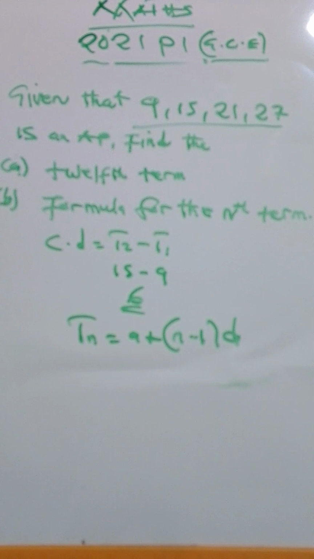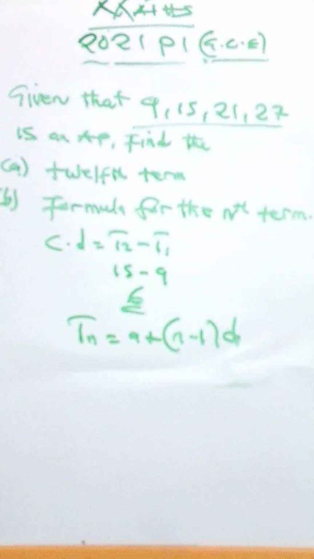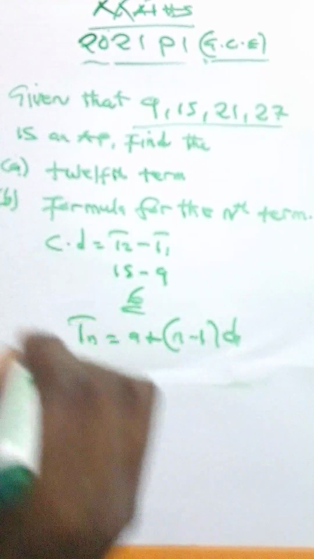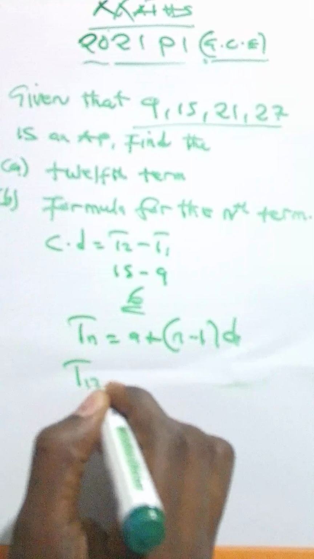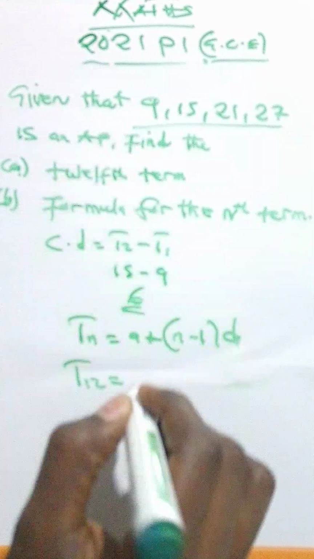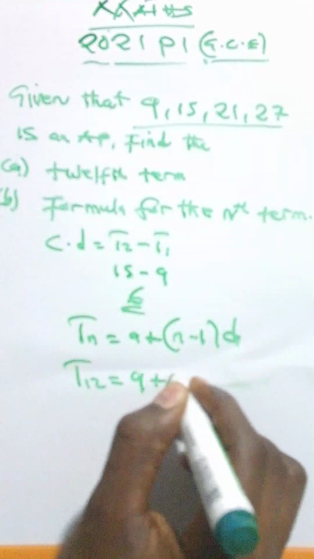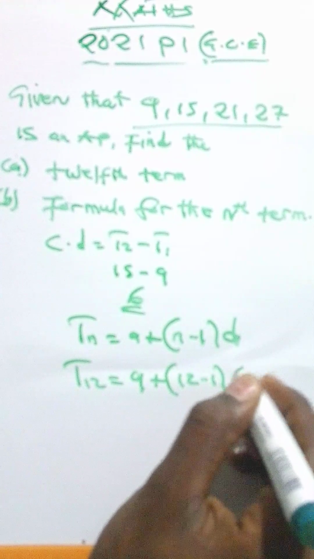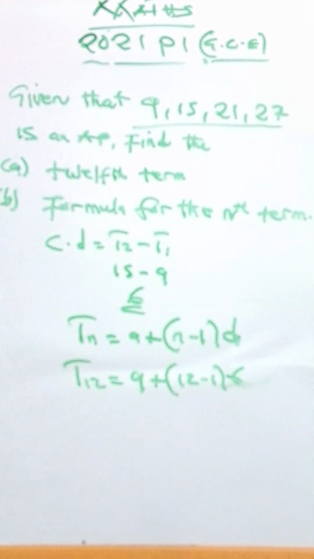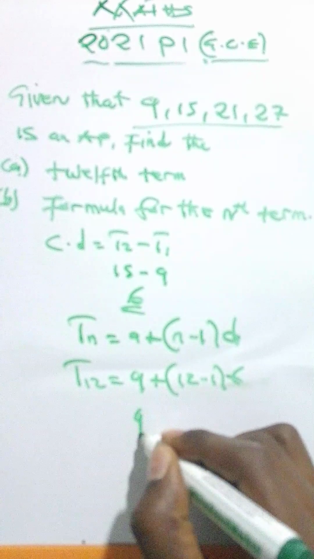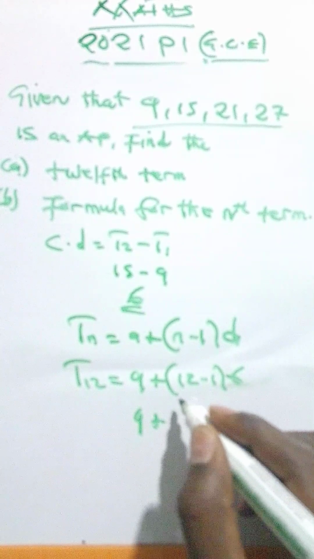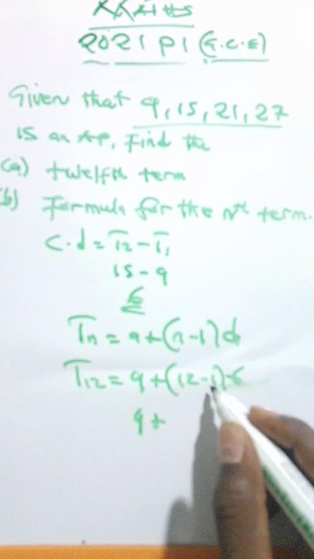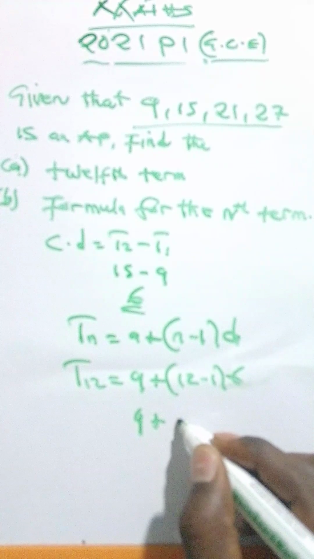Then from there, since they're looking for the 12th term, T12 is equal to first term, we have 9, plus 12 minus 1, then 6. Then from here, 9 plus 12 minus 1, we are getting 11.